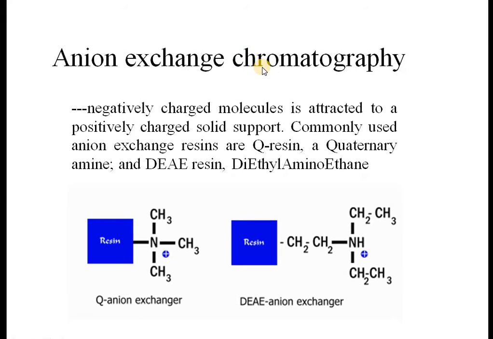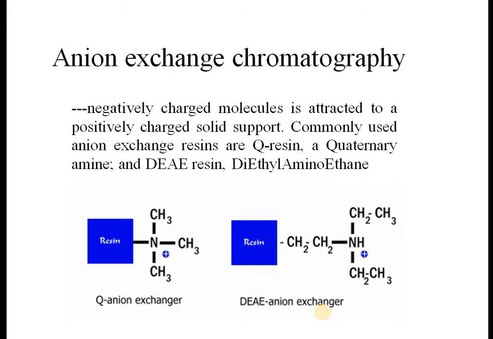Anion exchange chromatography: negatively charged molecules are attracted to a positively charged solid support. Commonly used anion exchange resins are Q resin, which is a quaternary amine, and DEAE resin, which is diethylaminoethane.